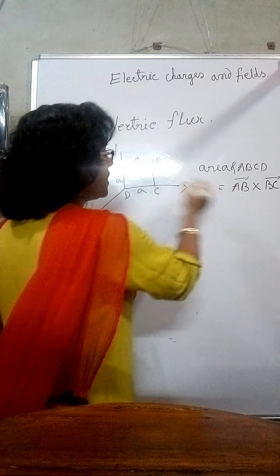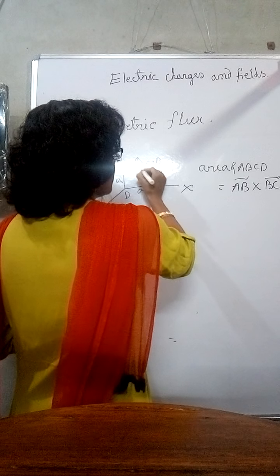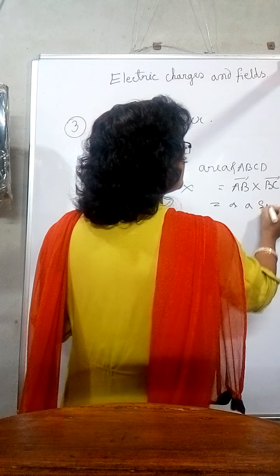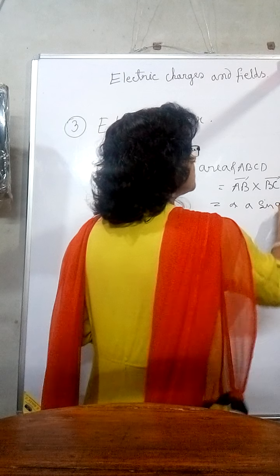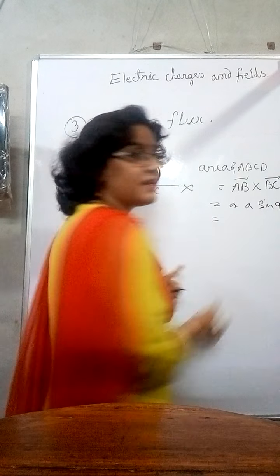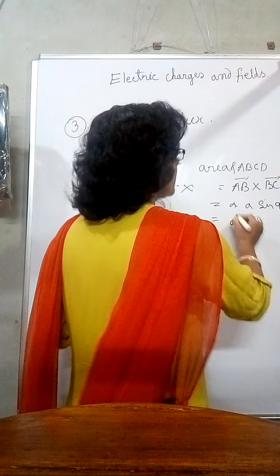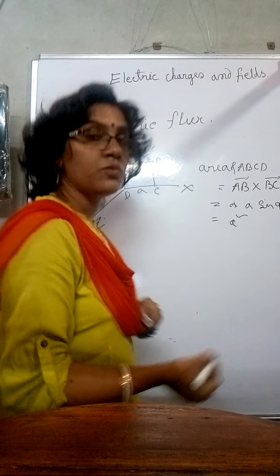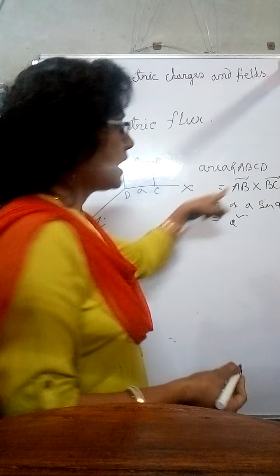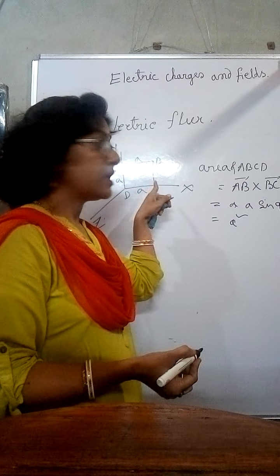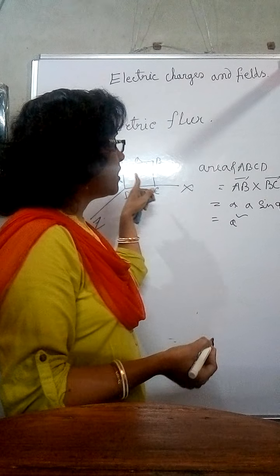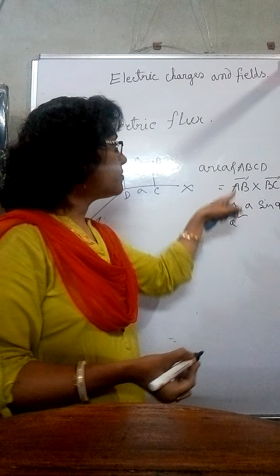Now the angle between AB and BC is 90 degrees. AB is a, BC is also a, and there will be sin theta, that is sin 90 degrees, which is 1, so it comes out a square. For that reason we calculate the area as a square, but as it comes from the vector product, it is a vector quantity. Now the question is, as it is a vector quantity, what will be its direction?